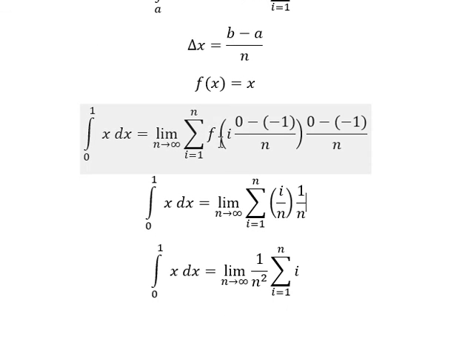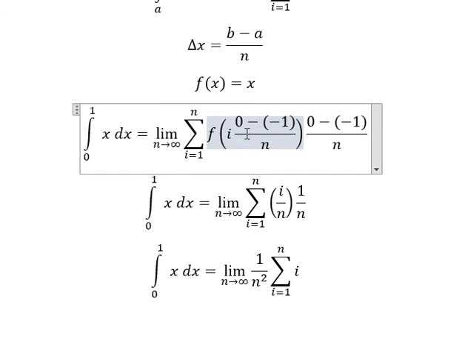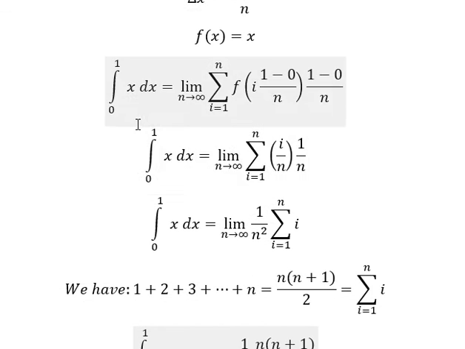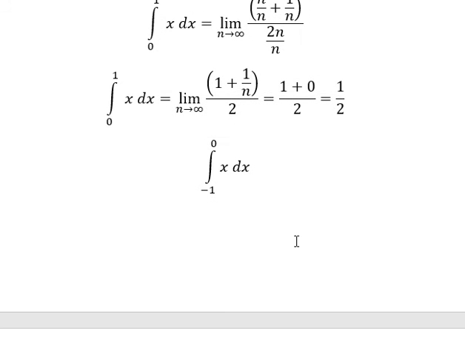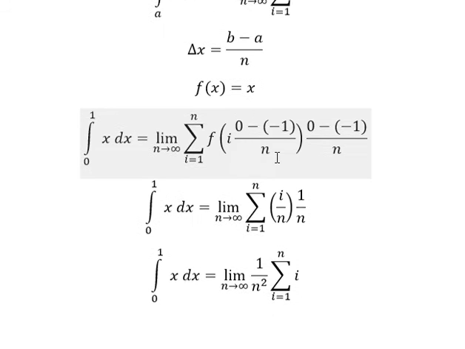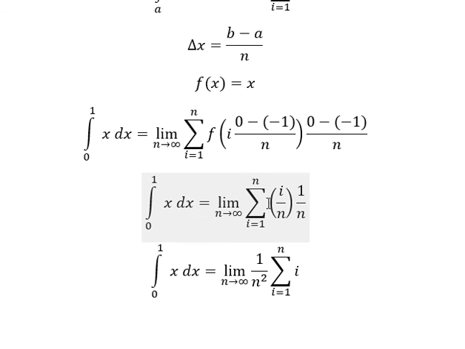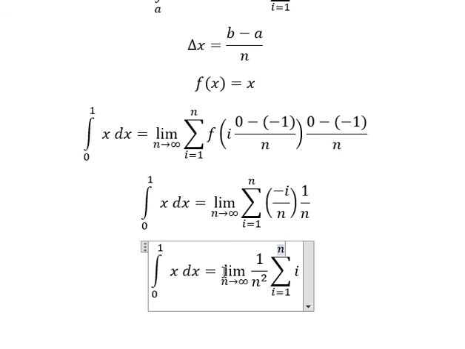However, if we put this number from negative 1 to 0, this is a negative number. So the series for this one should be negative. So we put a negative sign here.